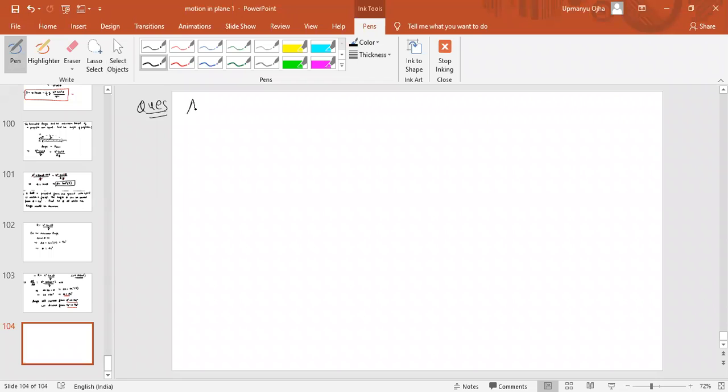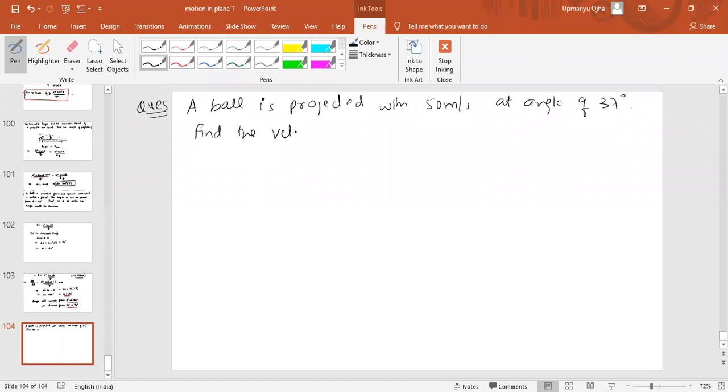A ball is projected with 50 meter per second at an angle of 37 degree. Find the velocity and the coordinate of the ball in 2 seconds.